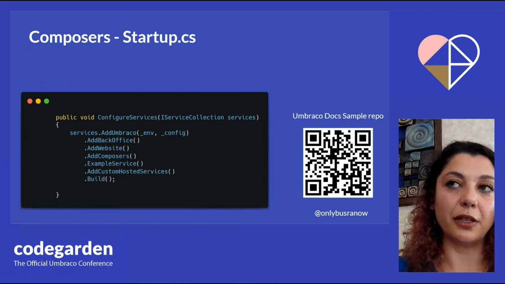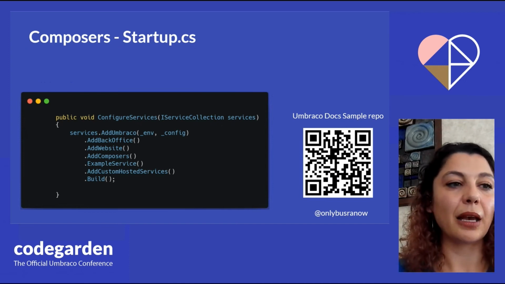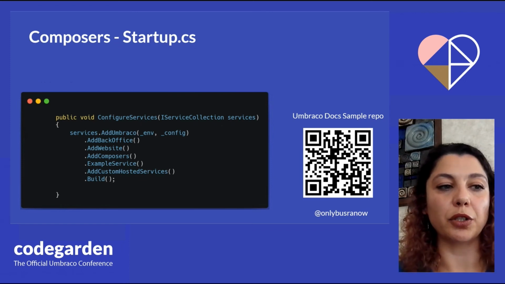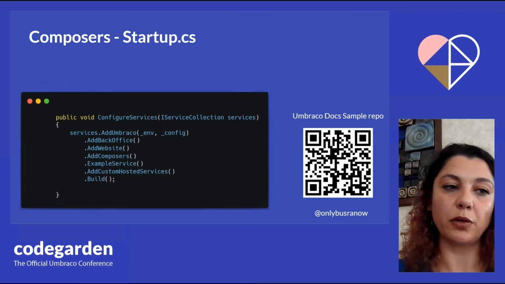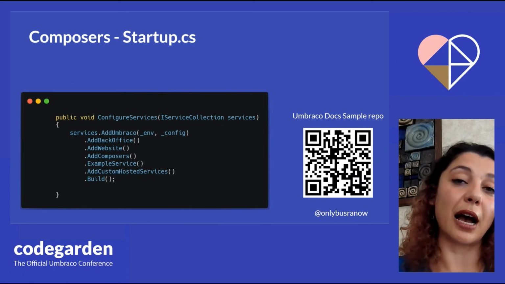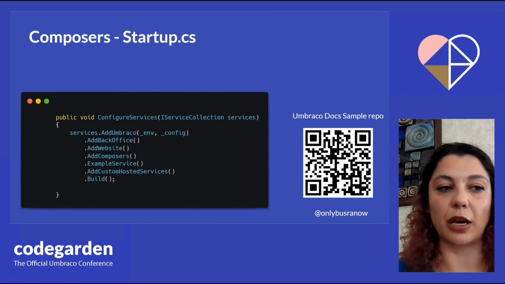And if it's related to your own project, use Startup.cs. Inject your dependency injection with IUmbracoBuilder to compose or register them in Startup.cs. If you're using IComposer, just use IComposer. You can still use IUserComposer, but it's obsolete now, so it's better to use IComposer.